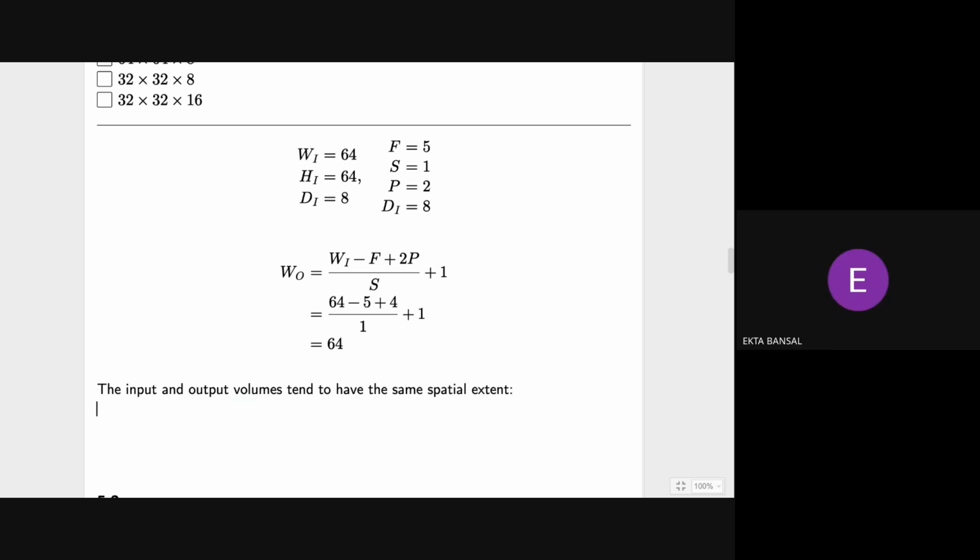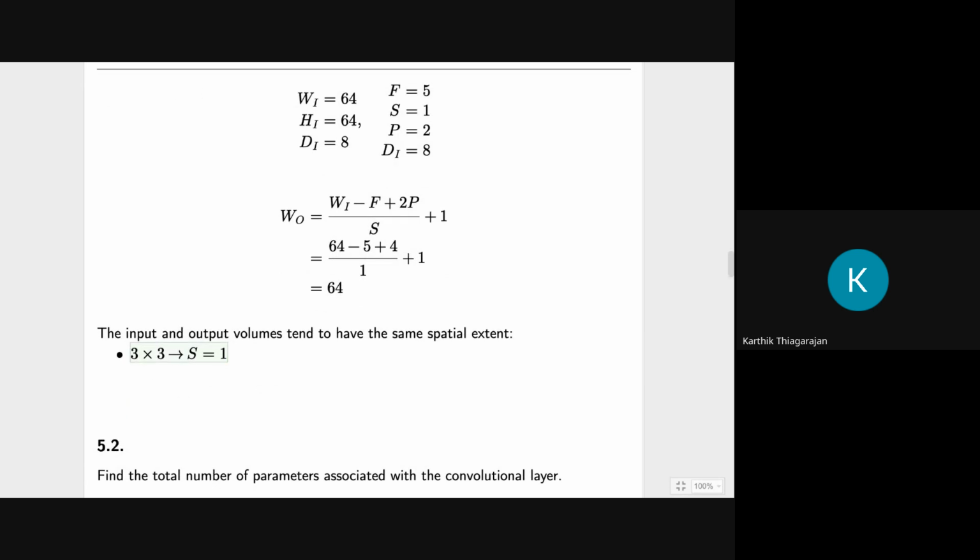So you can see what will happen. If you use a 3 cross 3 kernel, then you'll have to use a stride of 1 that will ensure that you have the same input and output spatial extent.